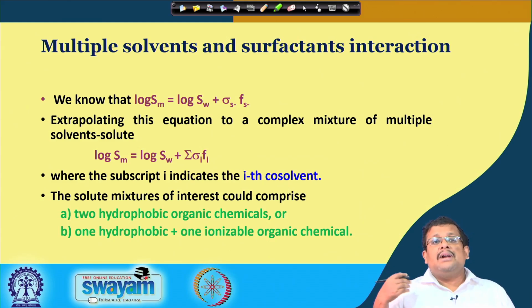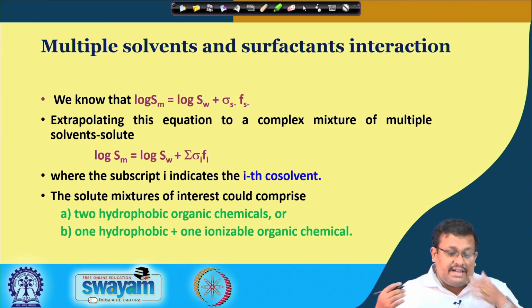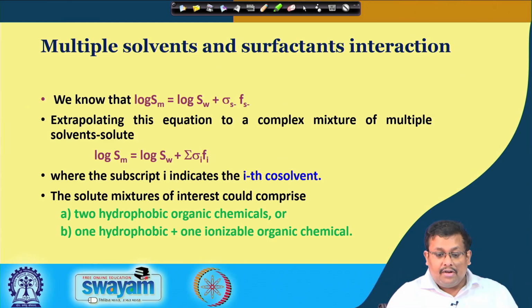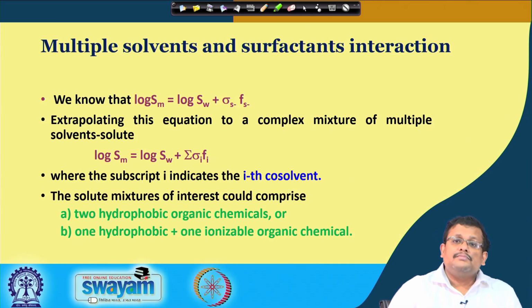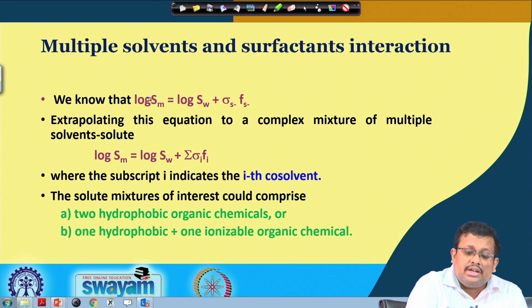Now, let us see the multiple solvents and surfactant interaction. We know already from the previous relationship that the logarithm of Sm equals log of Sw plus sigma s into Fs.